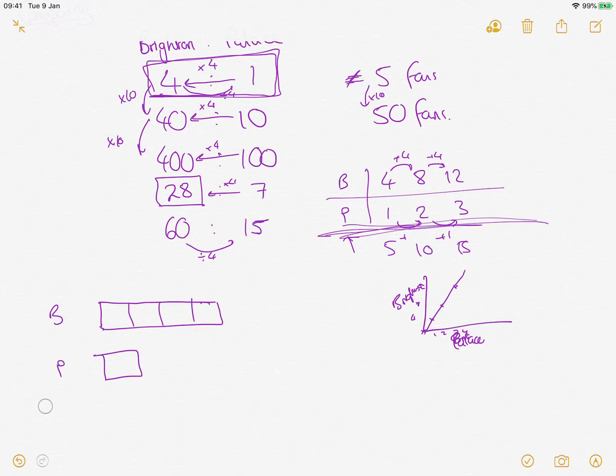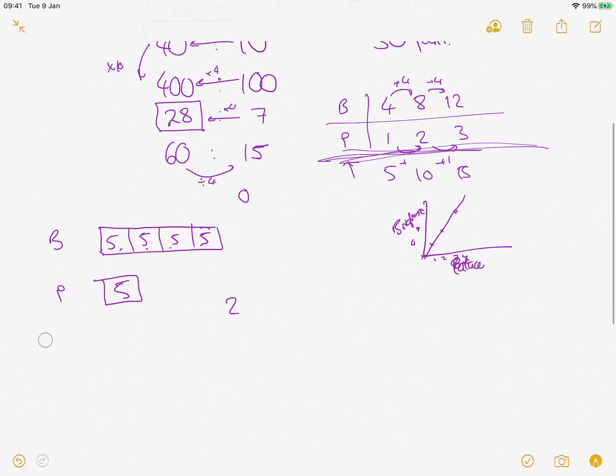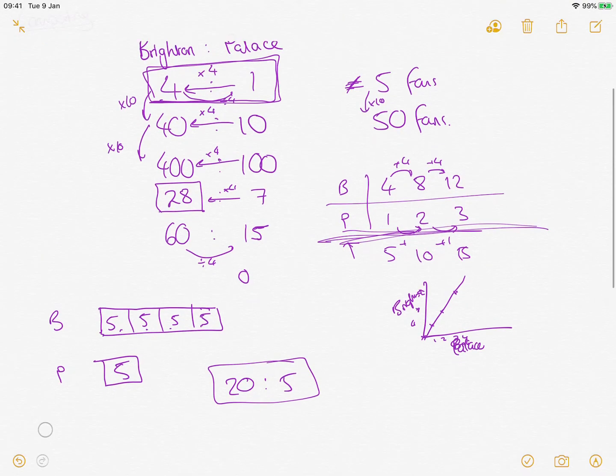So if I say that each box is worth 5, that's worth 5, that's worth 5, that's worth 5. Well, how many are in my... well, it's still going to be in the ratio 4 to 1, but now there's 5, 10, 15, 20 Brighton, 20 Brighton to 5 Palace. And notice that's still in the ratio of 4 to 1. So there's just some different representations.